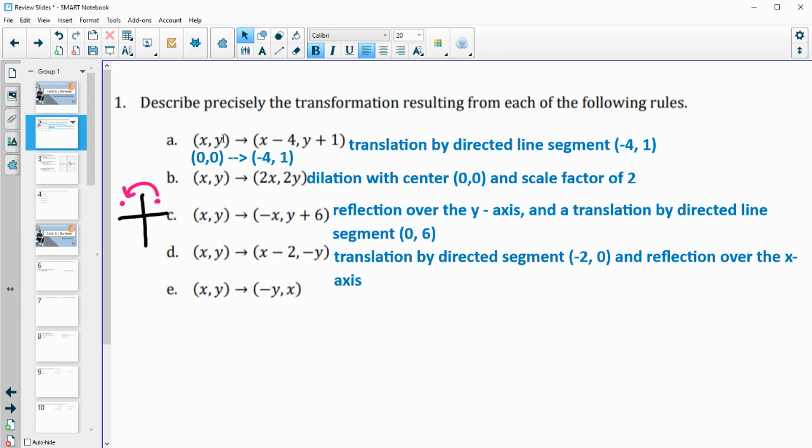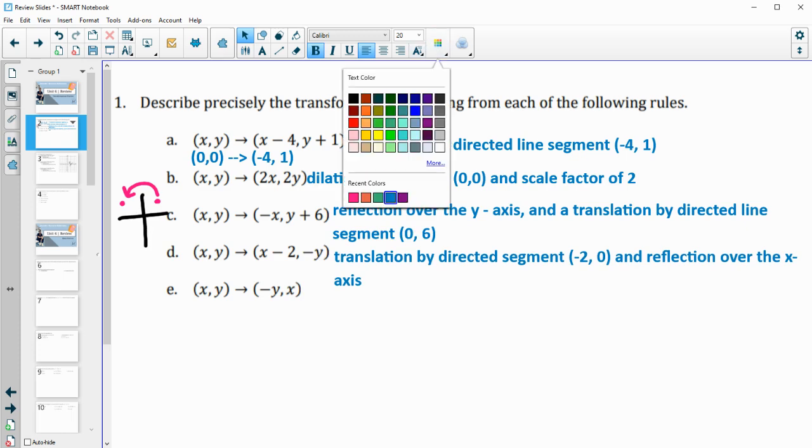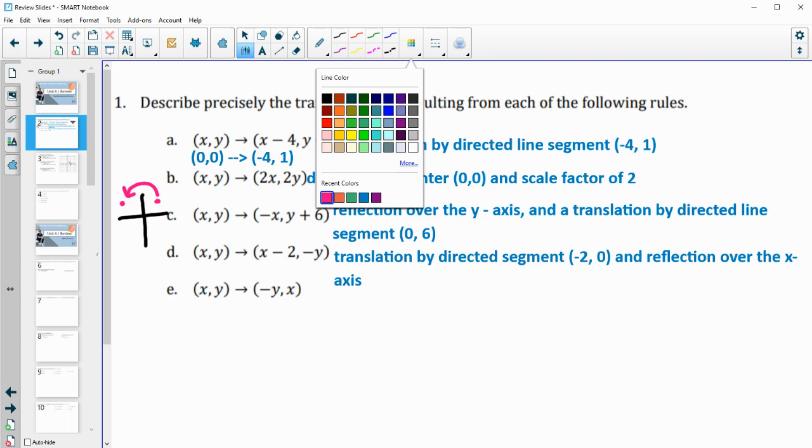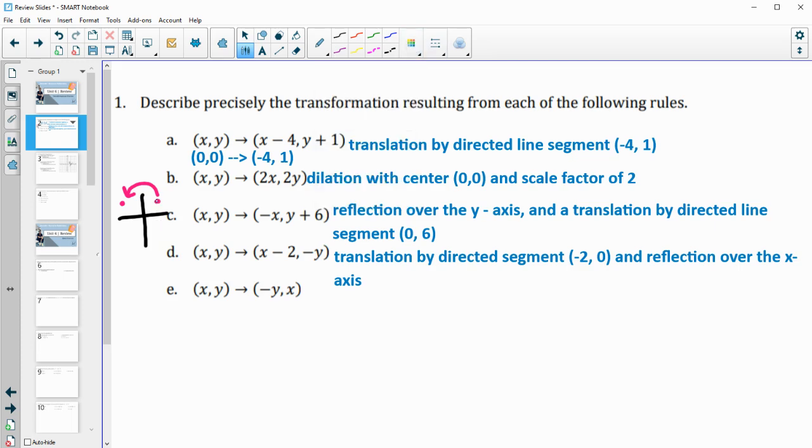So again, this has a similar idea, where now our y coordinates are opposite. If we had this y value here of like 2, now it's going to be down at -2. So this negative is flipping over the x-axis.